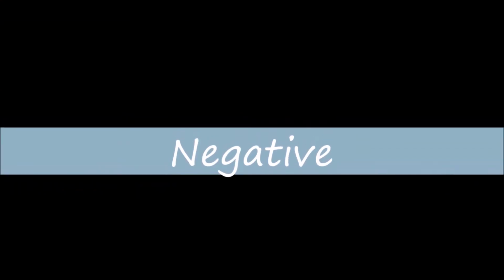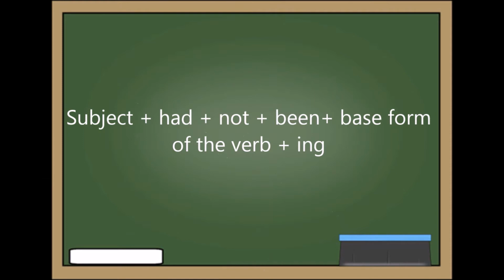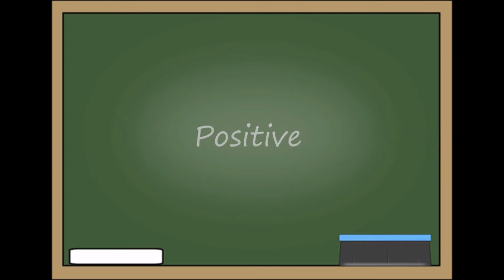For the negative, subject plus had plus not plus been plus base form of the verb plus ing. For example, I had not been working. For the interrogative, this is composed of two kinds, the positive and the negative.